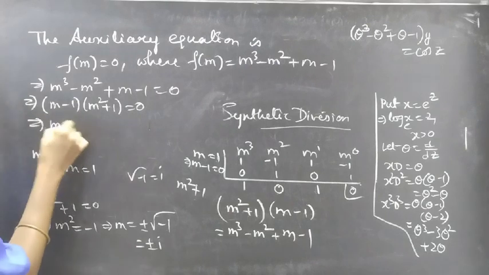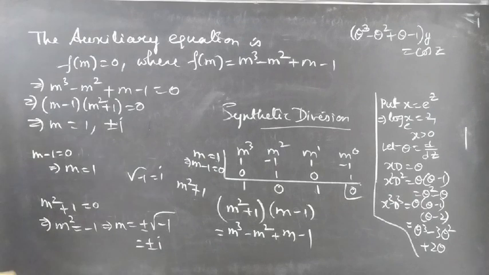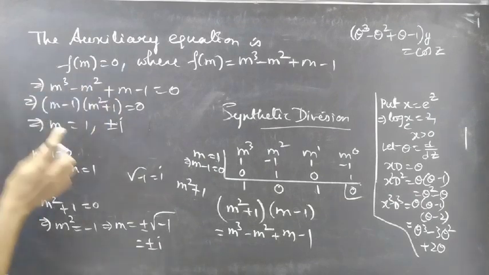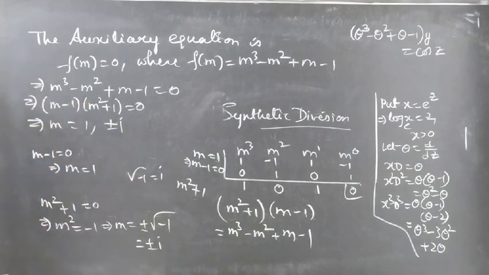Then m equals 1 and plus or minus i are the roots of our auxiliary equation. One real root and a pair of complex conjugate roots, right?